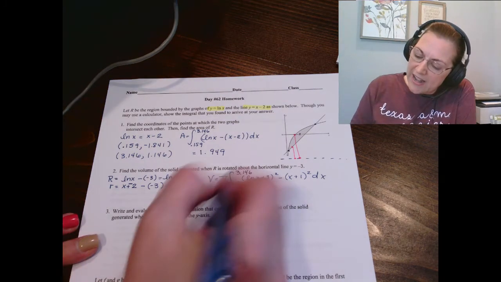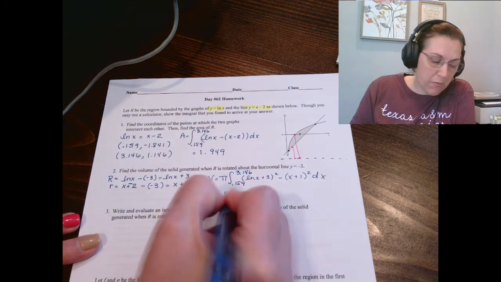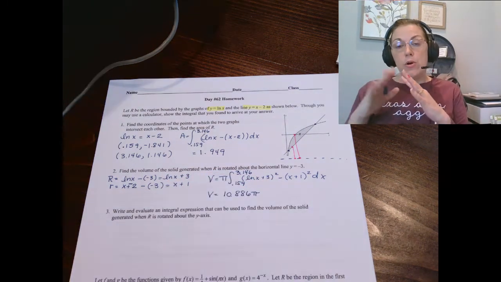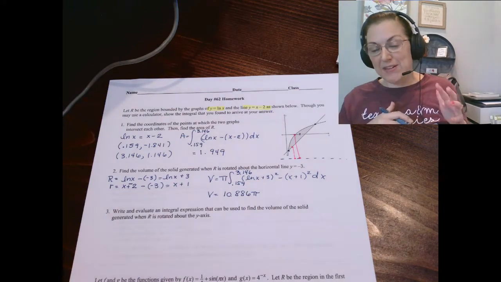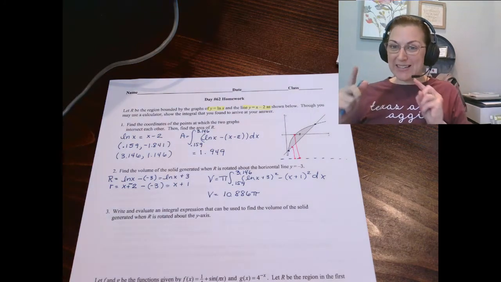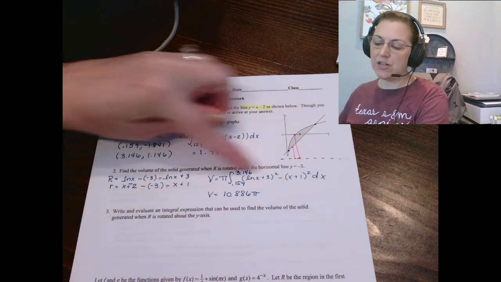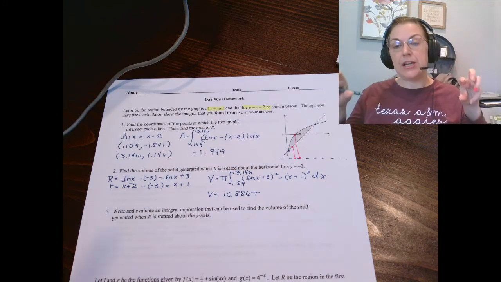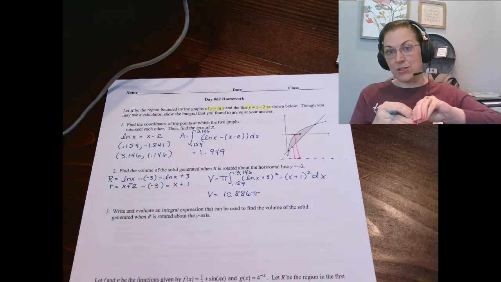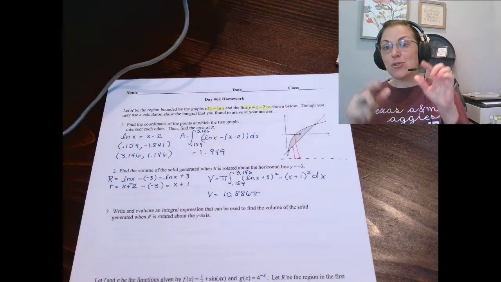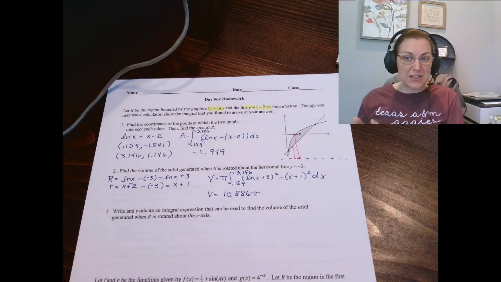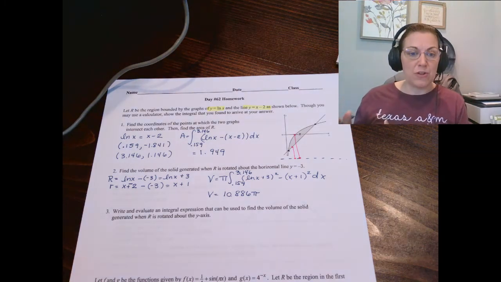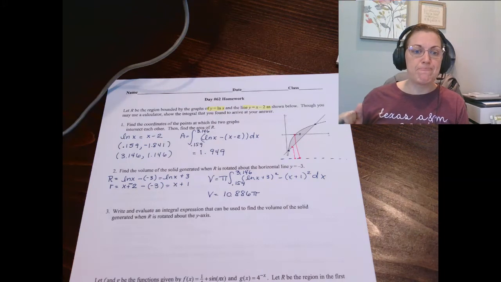And for this one, I get 10.886 pi. Now, if you saw my previous video, you know my biggest tip on this is to integrate without the pi in it. Just do your integral in your calculator and then stick the pi on your answer. Because your graphing calculator will give you a fraction if it's possible, but if you put the pi in it, it will not.